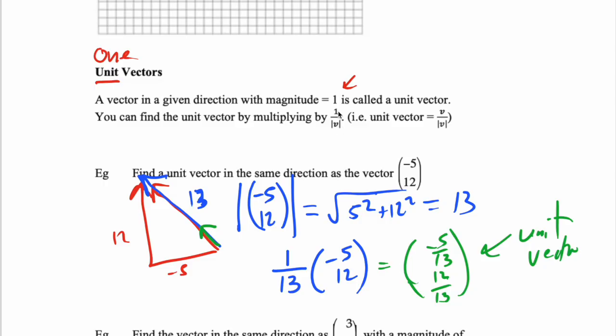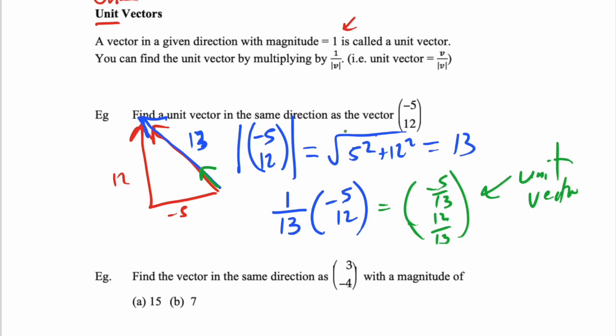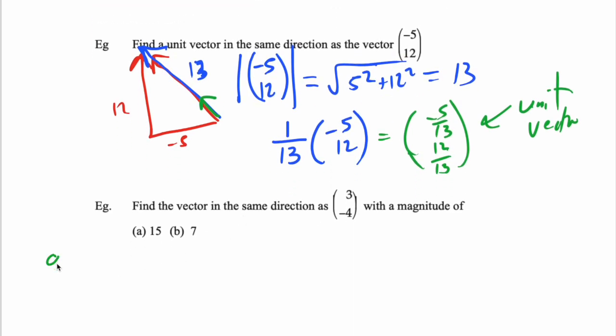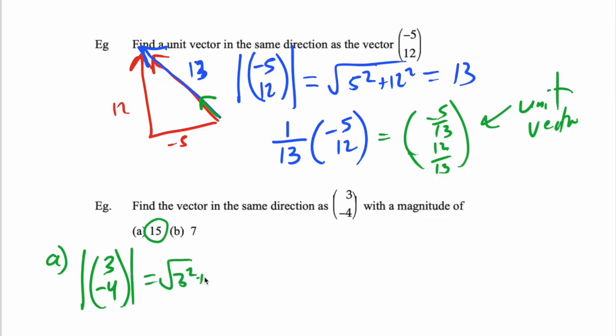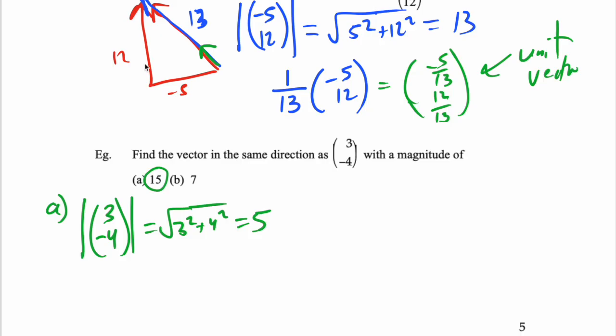And you can always just multiply by 1 over the magnitude of the original vector. So to get unit vectors here, find the vector in the same direction with the magnitude. It's not a unit vector, it's getting you a magnitude of 15. Okay, so let's get the magnitude of this one. The magnitude of that is, by Pythagorean theorem, obviously 5. So this is kind of obvious.